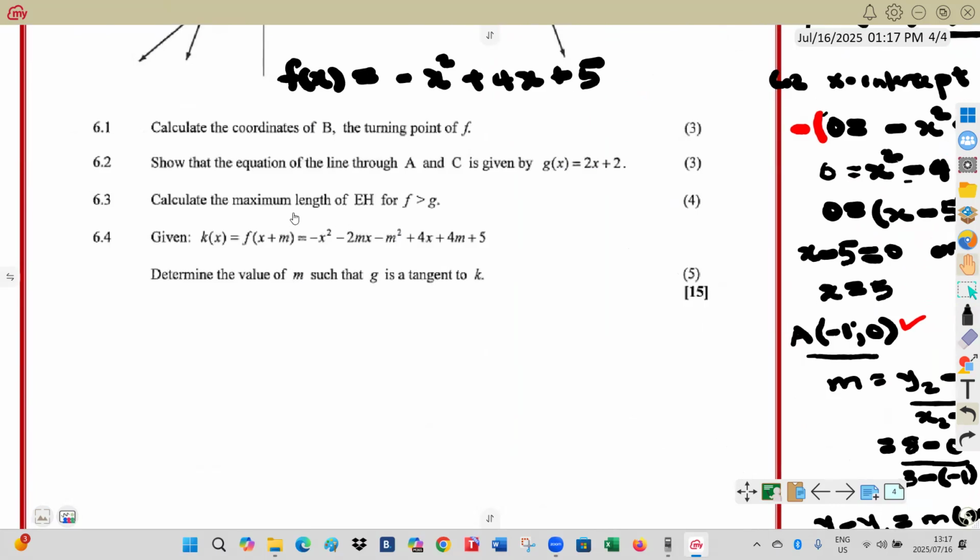So if we check, they are now saying calculate the maximum length of EH for F is greater than G. So let's do 6.3. They want EH.